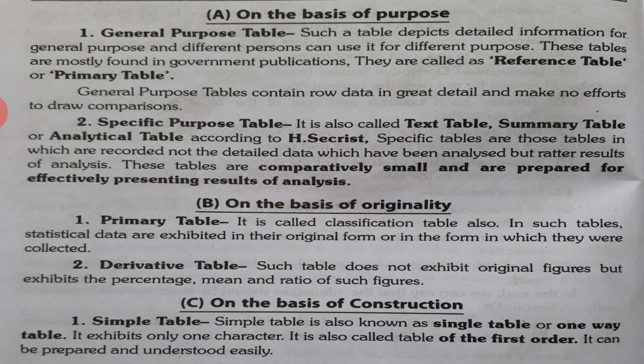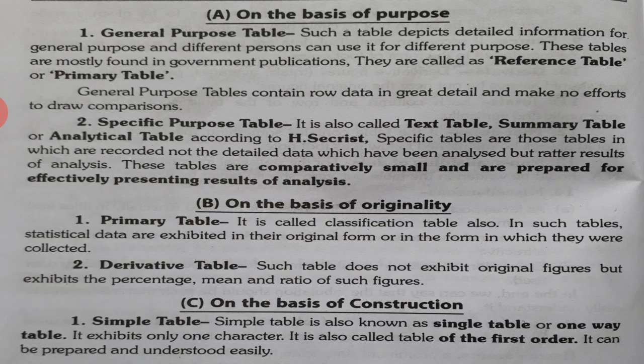First, on the basis of purpose. General purpose tables give us detailed information for different purposes and different persons. They are found in government publications and considered as reference tables or primary tables. These tables make no effort to draw comparisons. Second is specific purpose.